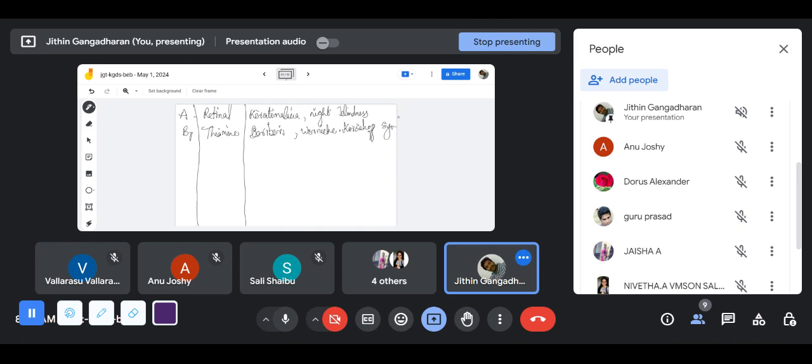Okay. Next, B2, riboflavin. B2 is riboflavin. The deficiency disease is ariboflavinosis.